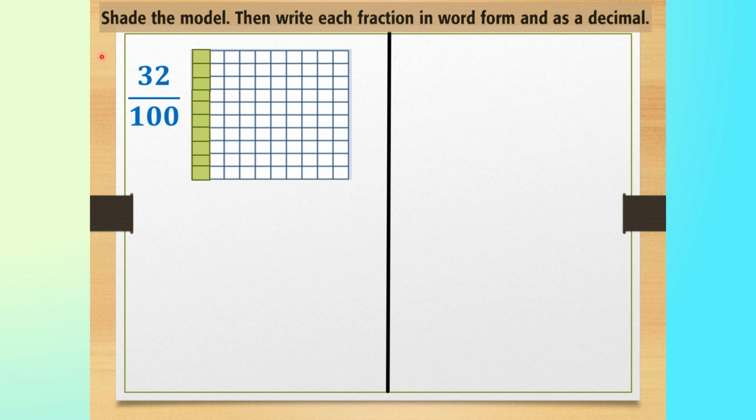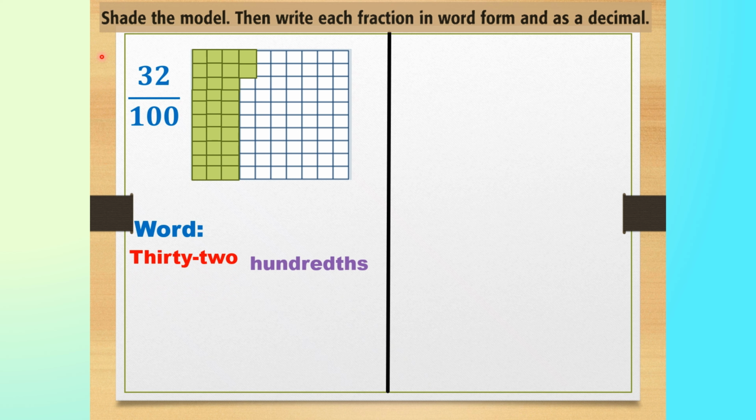So 10, 20, 30, 31, 32. In word form, it's written as 32 hundredths. And as decimal, it's 0.32. 2 digits after the decimal point because it's out of 100 and you have 2 zeros in hundred.